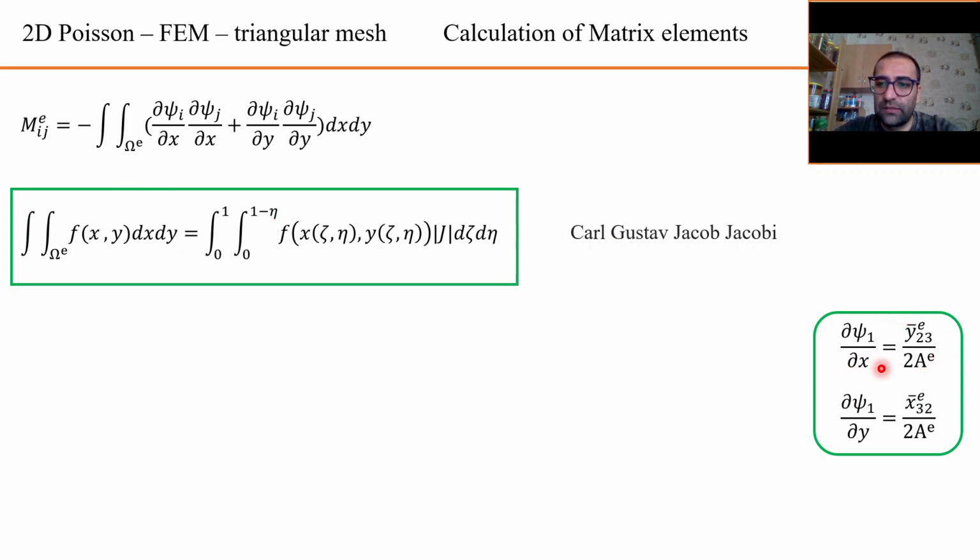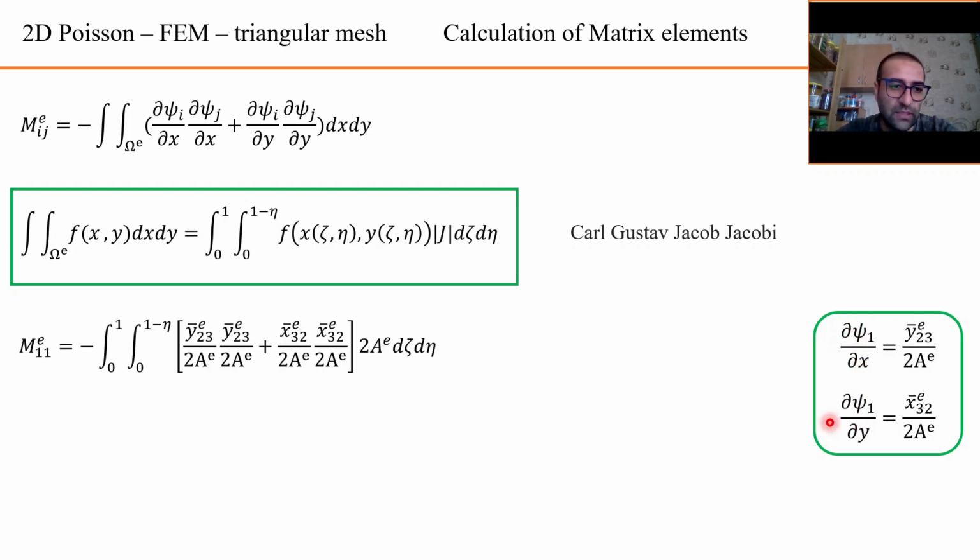And recall what we found for the derivative of psi1 with respect to x and y here. Therefore, if I want to calculate m11, it will be psi1 times psi1 and so on, and we substitute from here in this equation, and all these terms are constant. They can go out of the integral, and this is a very simple double integral, and also 2A is a constant.